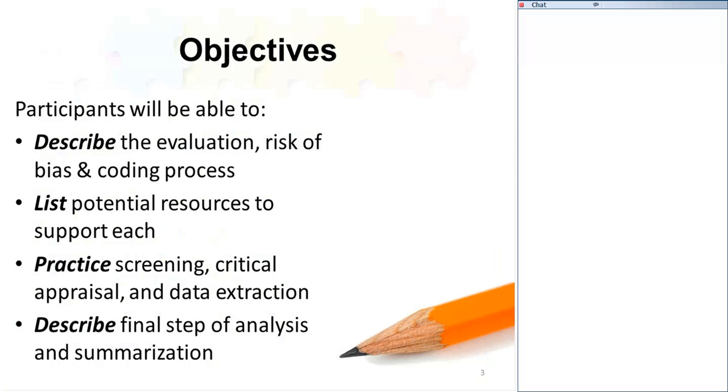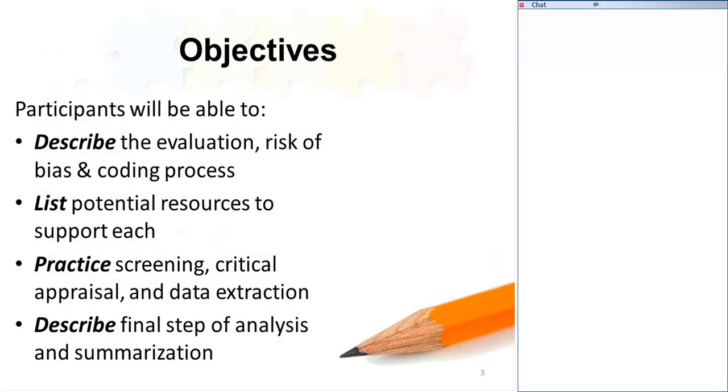So here are the objectives for this session. We're going to describe the evaluation, the risk of bias in the coding process, and talk about the different resources to support those. We're not going to have time to do a lot of practice today.